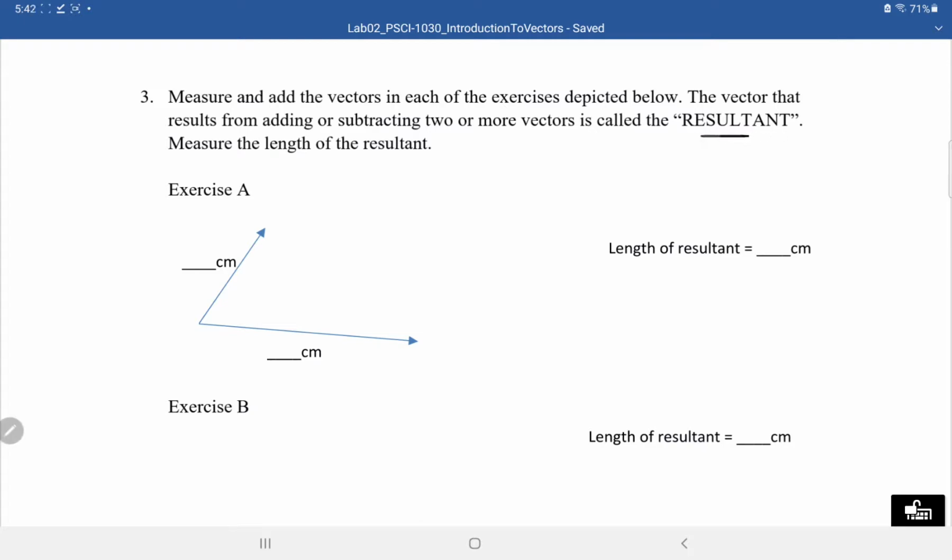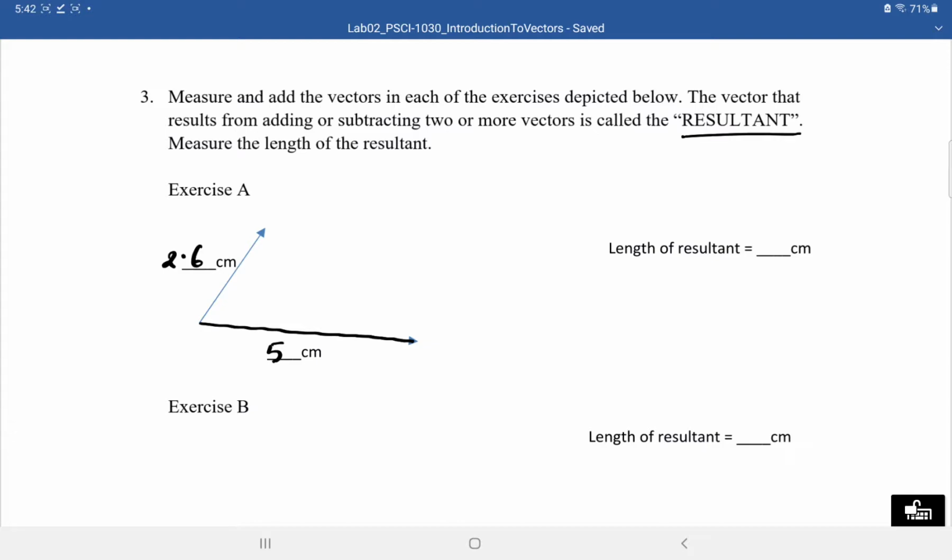My value might not be exact, you can do it yourself, but tentatively it will be very close to the actual results. By using your ruler, measure this distance, how many centimeters, and write it down here. For example, tentatively I am measuring here and it is 5 centimeters, right? And this is 2.6 centimeters. So these are the lengths of these two vectors.